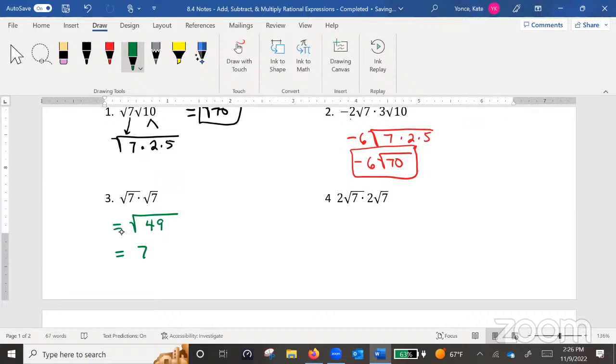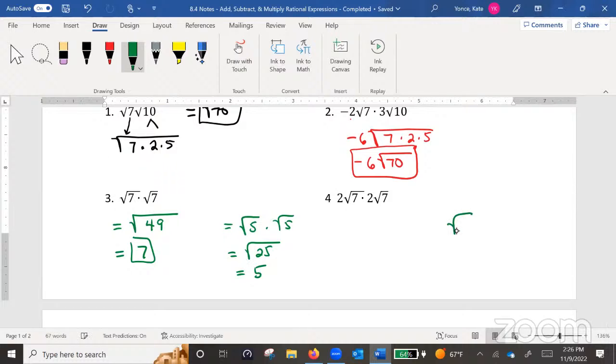Let's try that again. What if I had square root of 5 times square root of 5? That would be square root of what? And what is square root of 25? So do you see the shortcut? If ever you multiply a radical times itself, the shortcut answer is the number inside. So if we ever have square root of 5 times square root of 5, the answer will be 5.